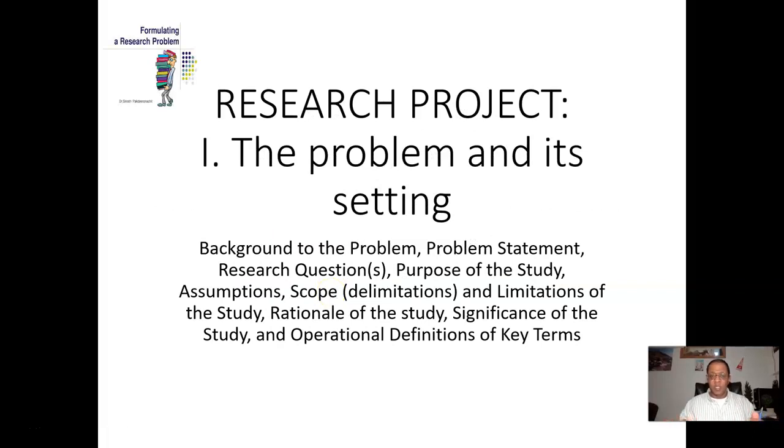What does it include? It includes the background to the problem statement, research question, in most cases singular, a single question, but sometimes we can have two or three questions, purpose of the study, assumptions of the study which you did, scope or delimitations of the study, limitations of the study, rationale of the study, significance of the study, and then operational definition of key terms.